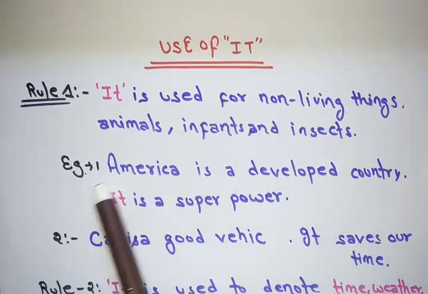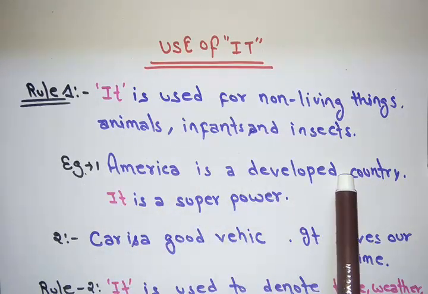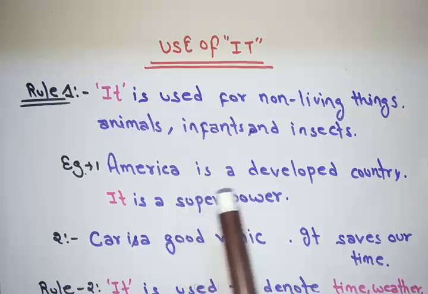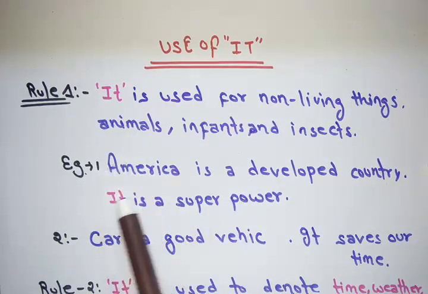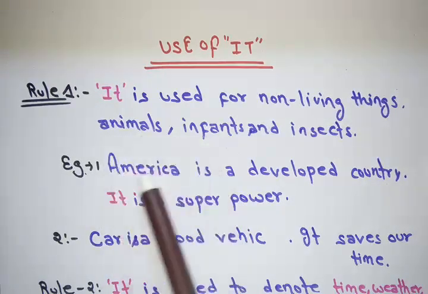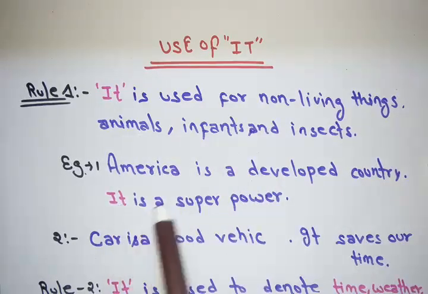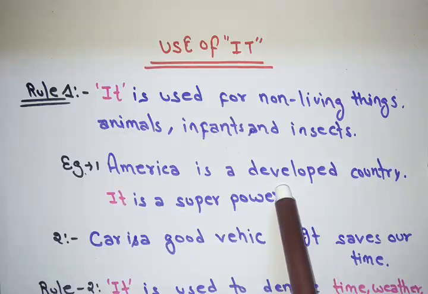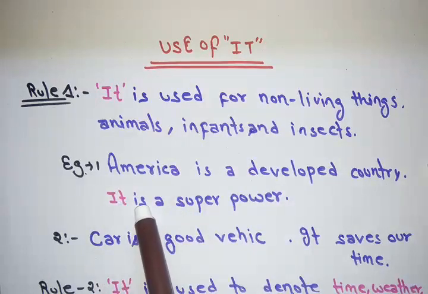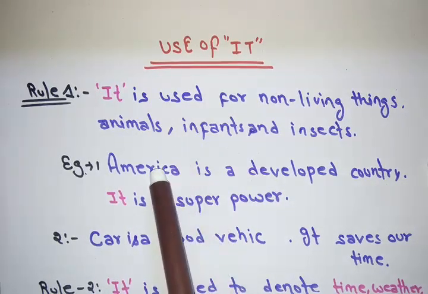For example, America is a developed country. It is a superpower. America is a non-living thing, so we can use "it" here and remove America.